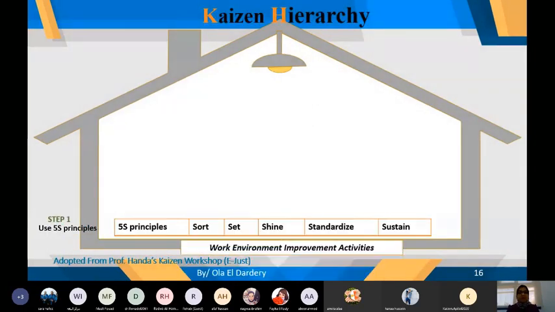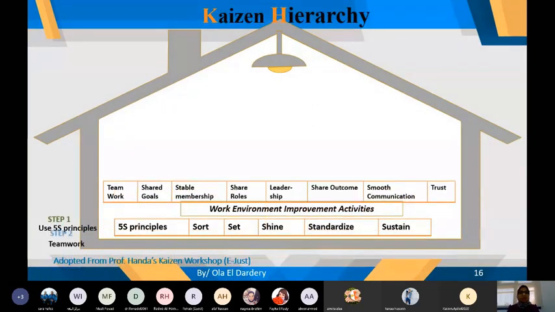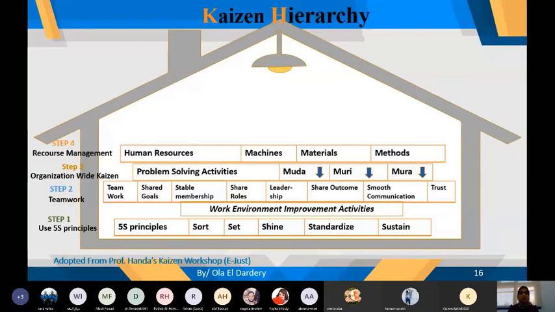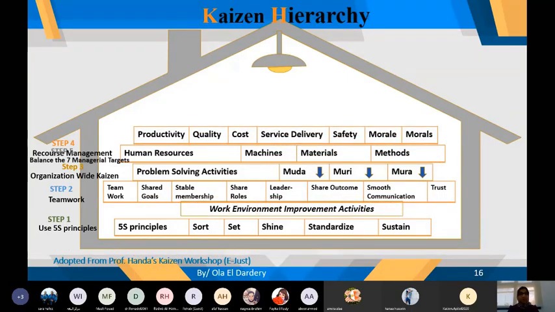So here is the Kaizen hierarchy put together. Step 1, 5S. Step 2 is the teamwork, and step 3 is organization-wide Kaizen, reducing the 3 sources of waste. And then after that, we have the human resource, machines, material, method, and this is the resource management. And after that, we have the 5th step, balancing the managerial targets.